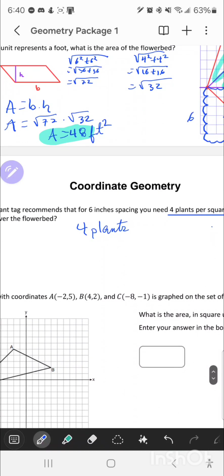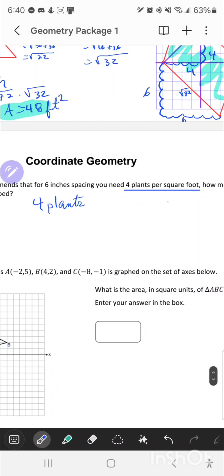per, I did explain this before, so I'm going to do it again. Every time you see the word per, I'm just going to make a fraction. Now a square foot, for 1. It doesn't say 2 square feet or 6 square feet. It says square foot, singular.